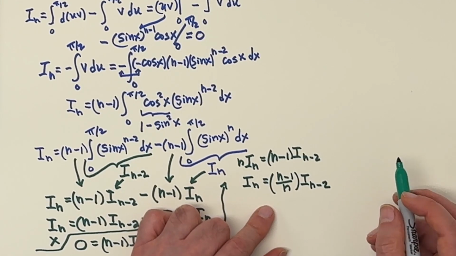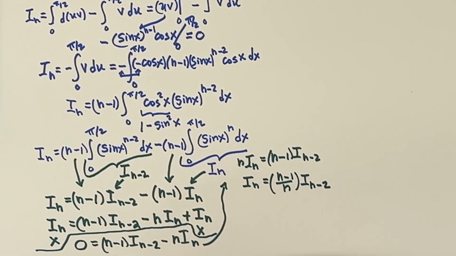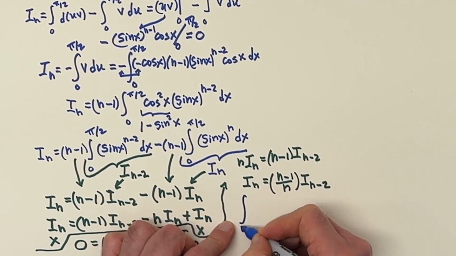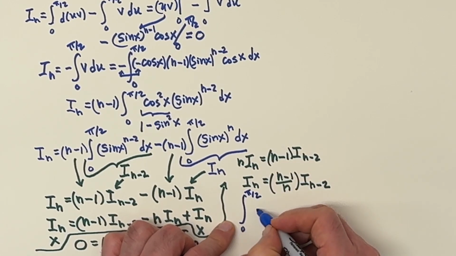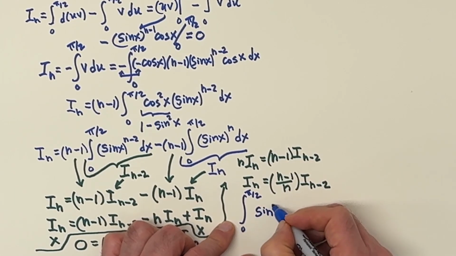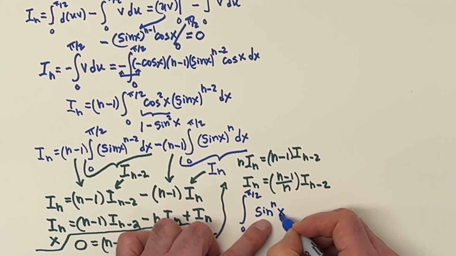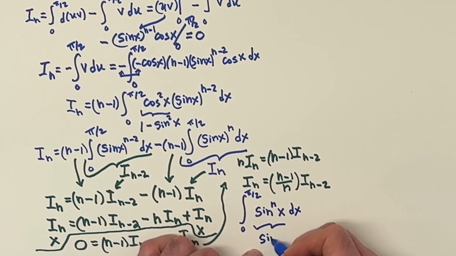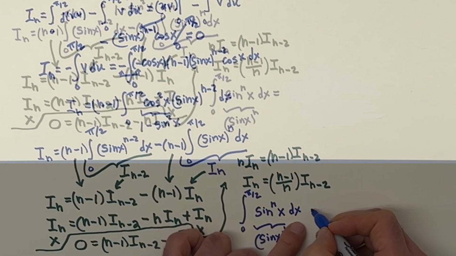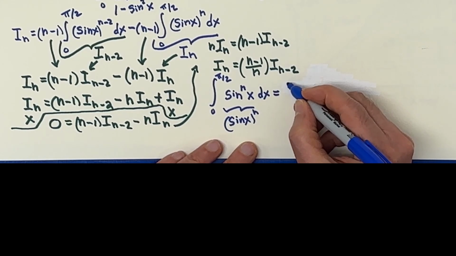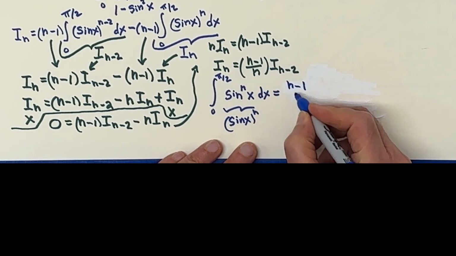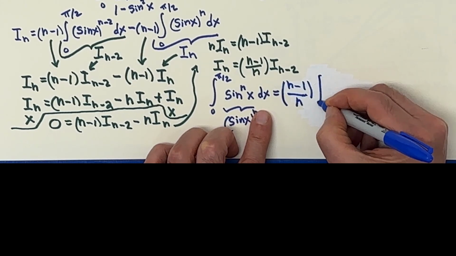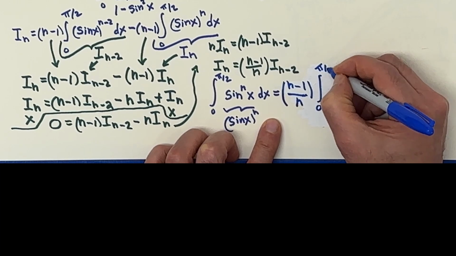So here, if we go back and put in what these are, the integral I sub n is from 0 to pi over 2 of sine of x to the nth power. All right, just remember this is the same as sine of x to the nth power. And that's going to equal n minus 1 over n times the integral from 0 to pi over 2.